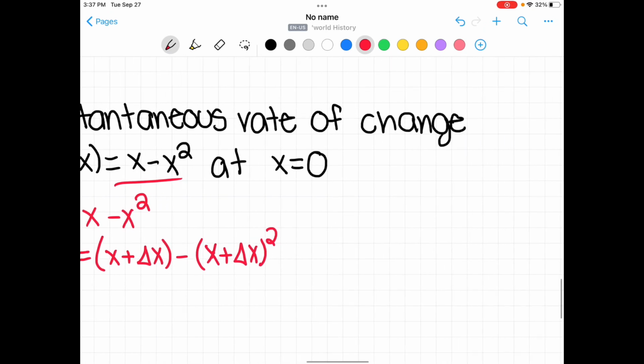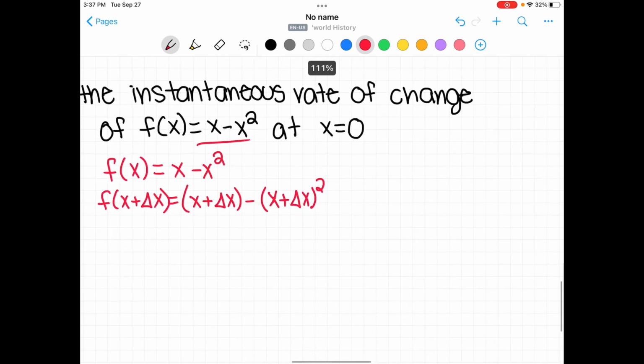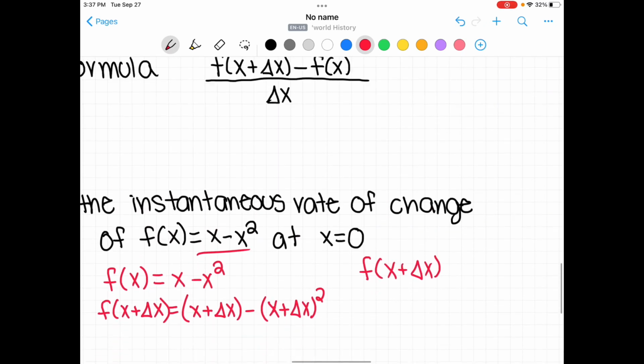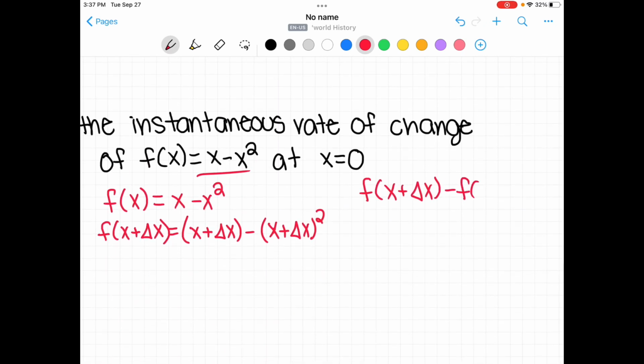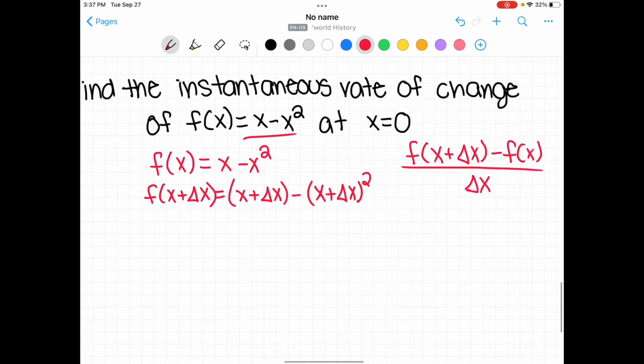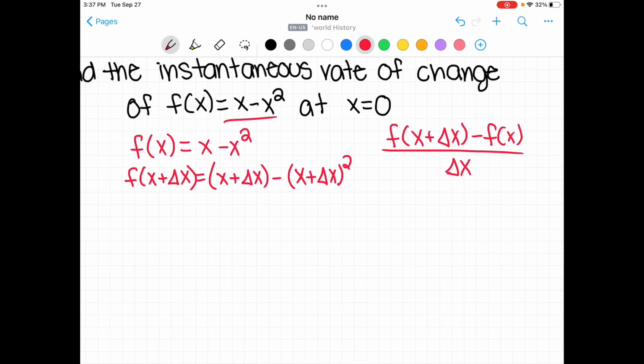So if we just go ahead and rewrite this equation down here, minus f of x all over delta x.